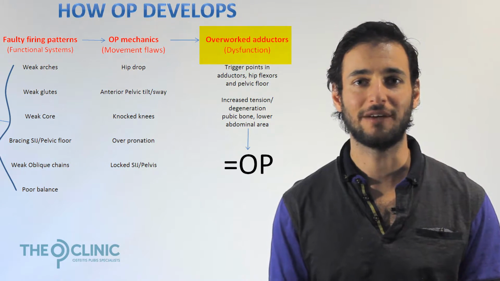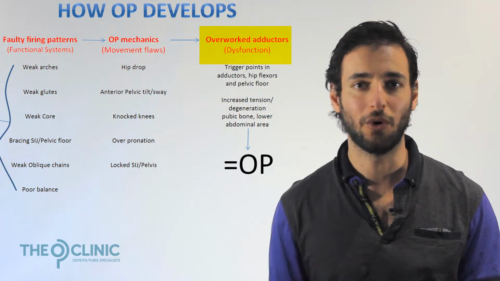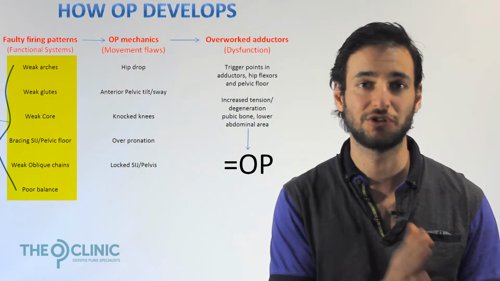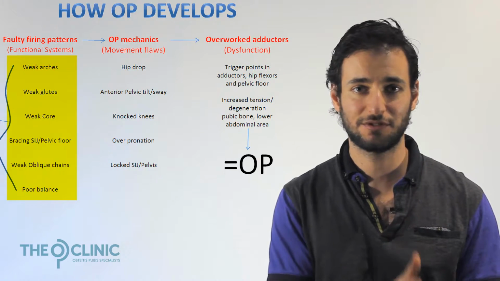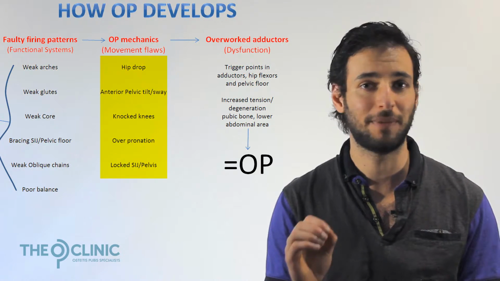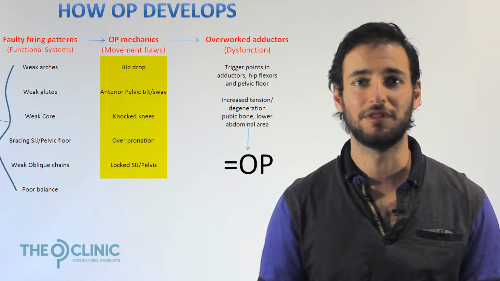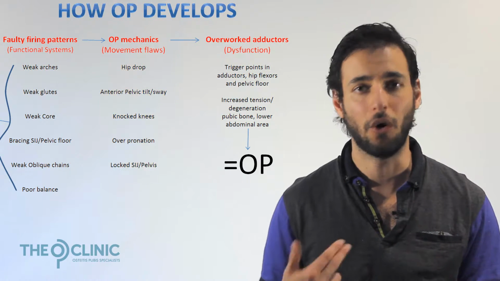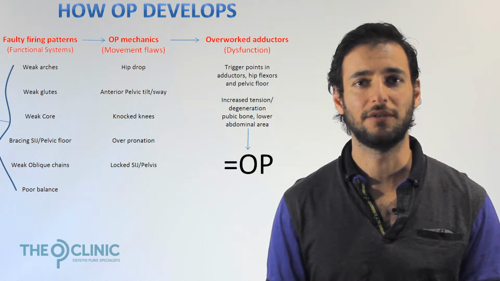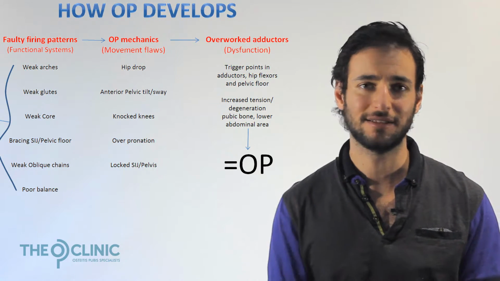So you have the overloading and overworking of the adductors because of the functional breakdown of the 6 functional systems. The 6 functional systems stop working, and we end up with these 5 really bad mechanics: a hip drop, bowed knees, overpronation, a locked SIJ, and a really poor balance system.